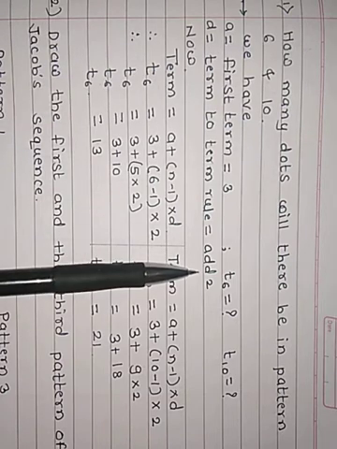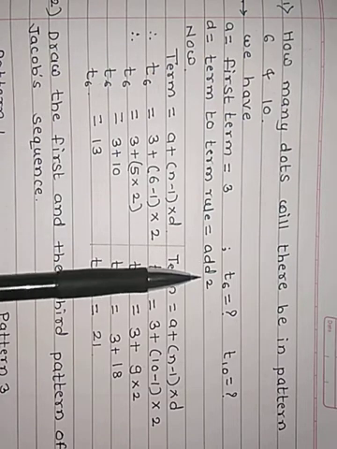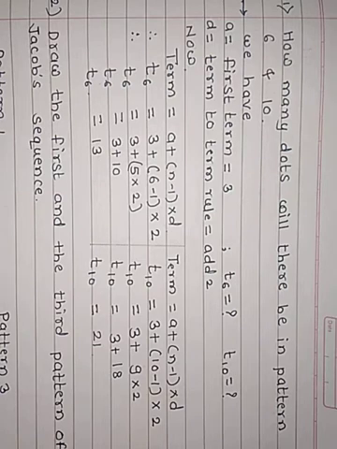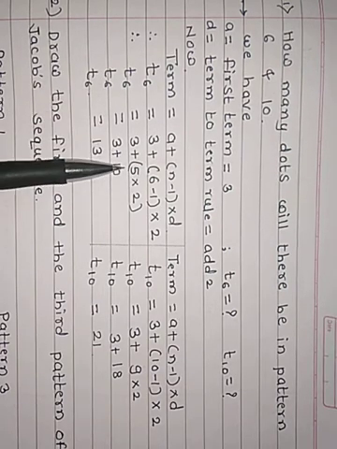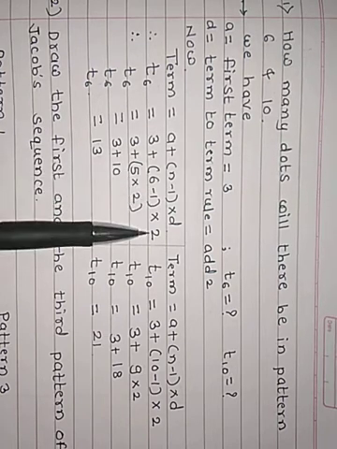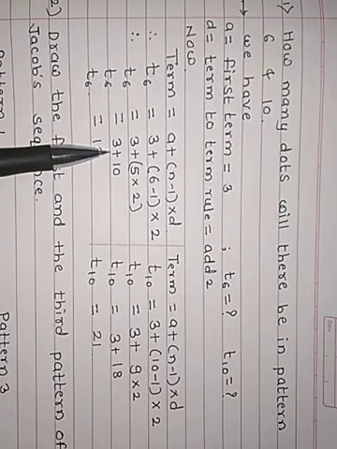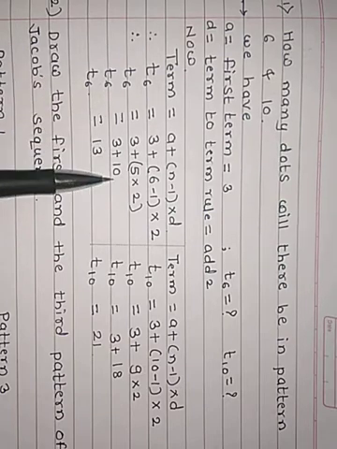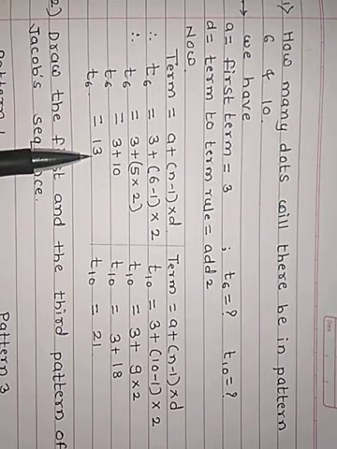When we draw patterns, that time we have to add 2 dots in the next pattern, right? Therefore T6 is equal to 3 plus (6 minus 1), it is 5. 5 into 2 will be 10. So T6 is equal to 3 plus 10.